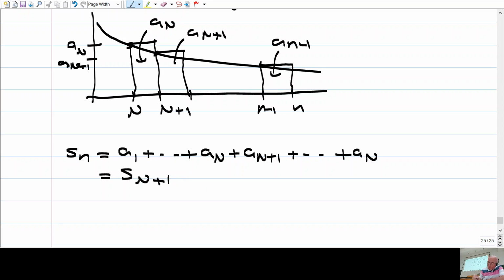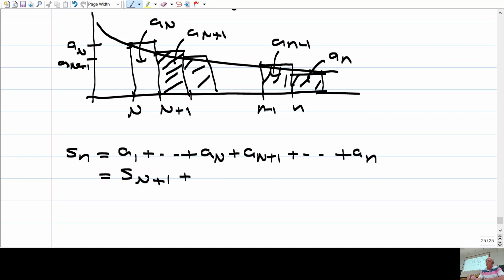Okay, let me write this way. Plus an plus 1. What is an plus 1? It is the area of this rectangle, right? An plus 2 is the area of this rectangle, up to an. Yes, this is the area of this rectangle.